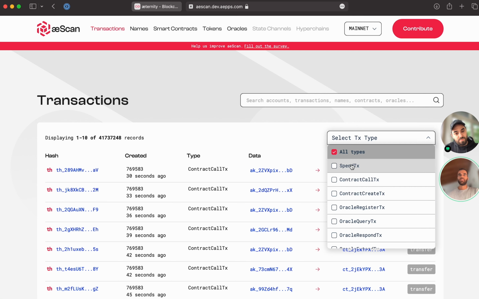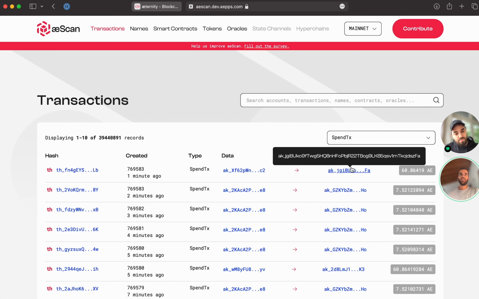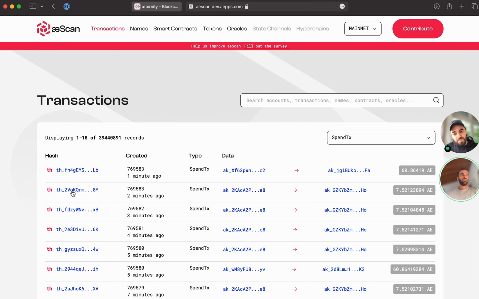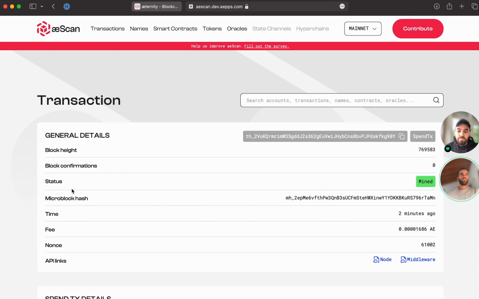For example, let's have a sample look at a SpendTX transaction. You can simply click on this link here, and we'll be able to see the detail of the transaction. This is because one of our main goals was to make æScan user-friendly for everyone, especially for beginners in the Eternity ecosystem.